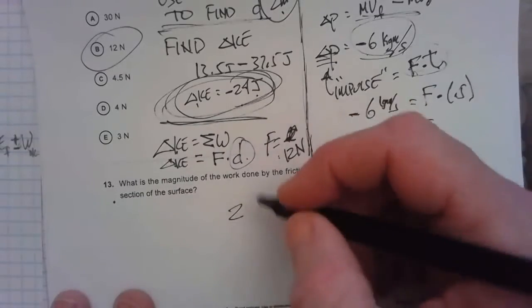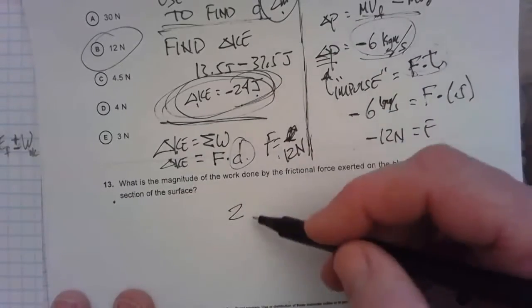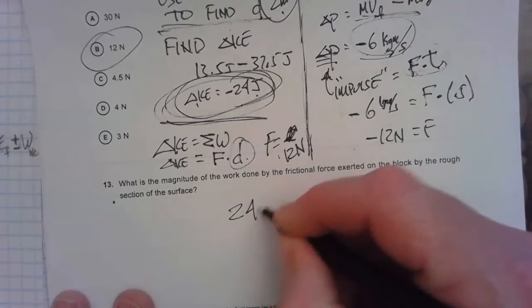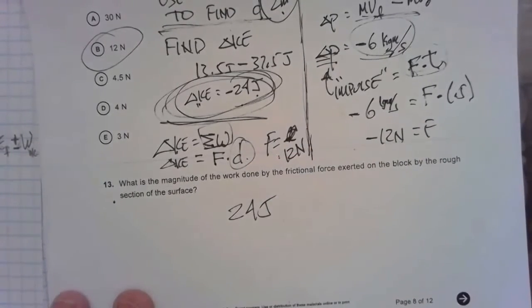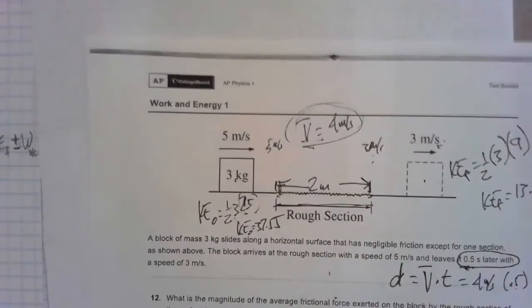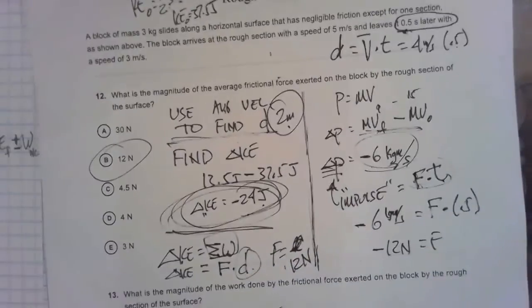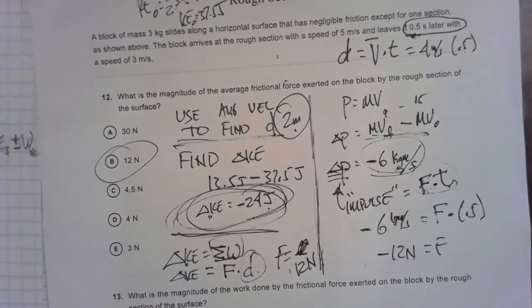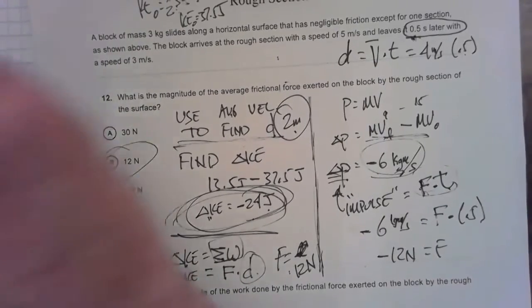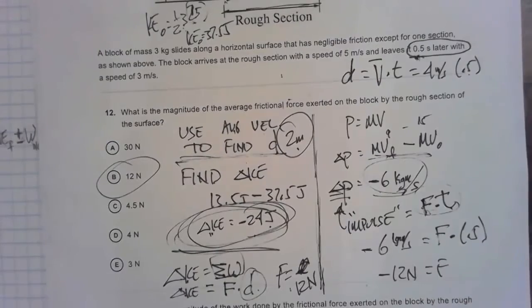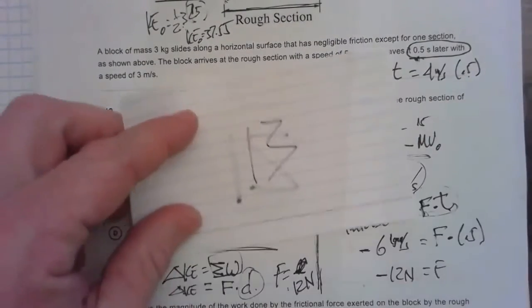You wouldn't realize what you're doing, but you would have to get that first and then go back and do it. So the 24 joules, the change in kinetic energy, is the work done by friction. By the way, that was 13.